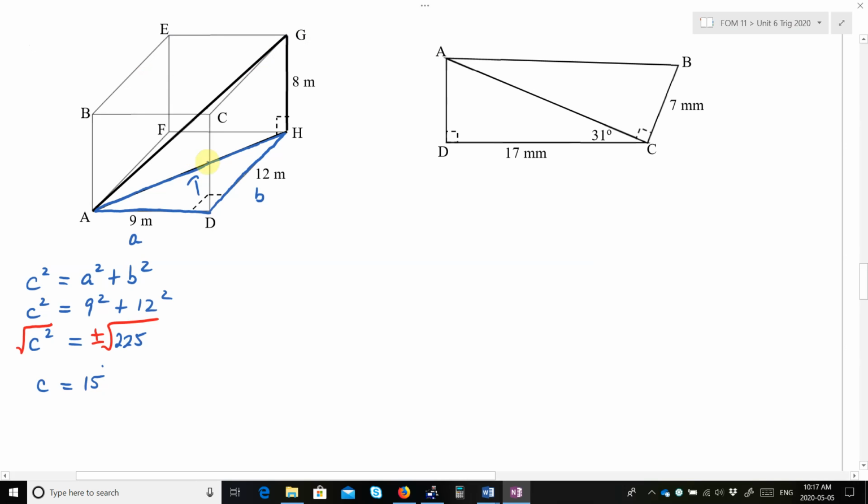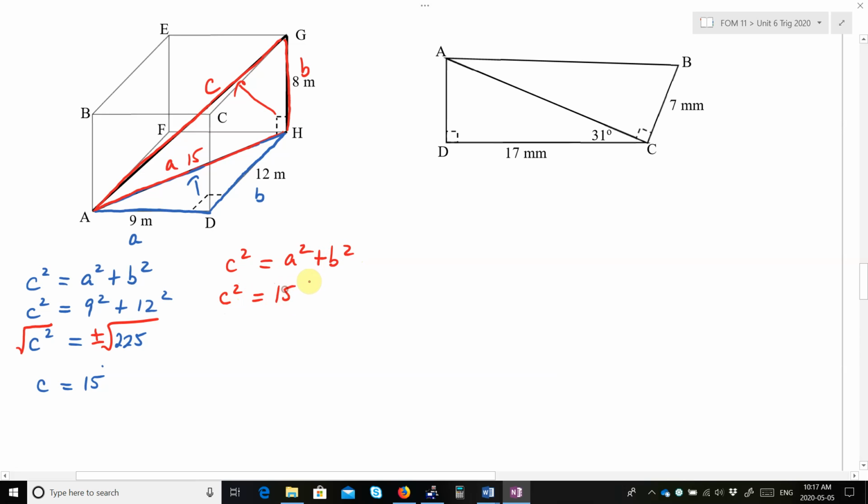Okay, so I've now just figured out that this side length is 15, and I'm going to use this triangle right here to get that diagonal, and the diagonal is across from the 90 degrees, so now the diagonal is C, and we can call the 15 A and the 8 B. So the C squared that we want is equal to A squared plus B squared.